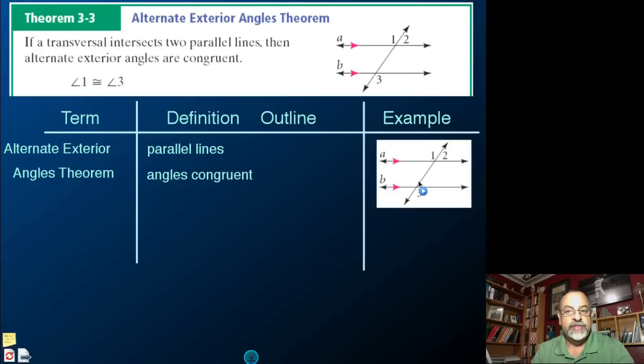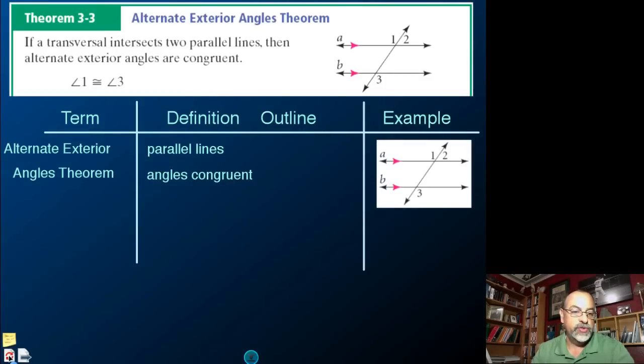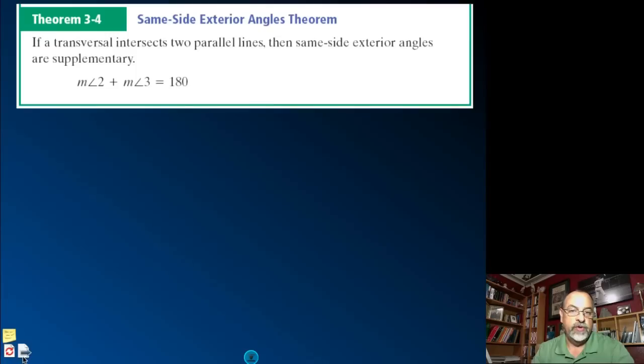Now I paired these together because for all of the first 3, the postulate and the 2 theorems, the angles are all congruent. The corresponding pairs are congruent, the alternate interior angles are congruent, and the alternate exterior pairs are congruent. I now want to go to the same side interior and same side exterior.